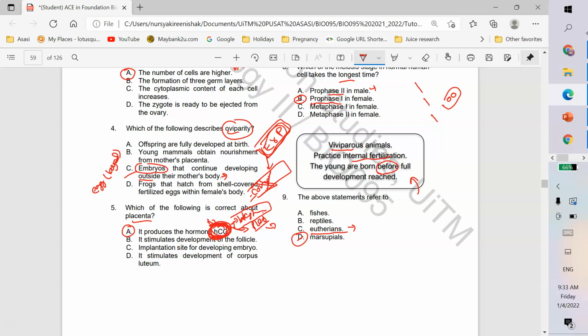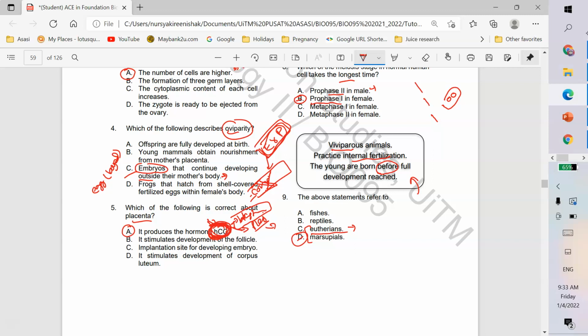Because Eutherian retain their young and development at their mother's uterus. Kalau marsupial asalnya bukan dalam uterus ke? Dalam uterus juga kan. Tapi dia born earlier before full development reaches.